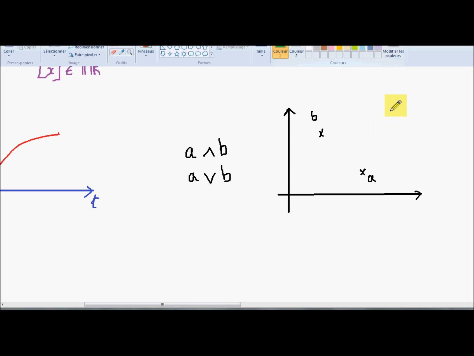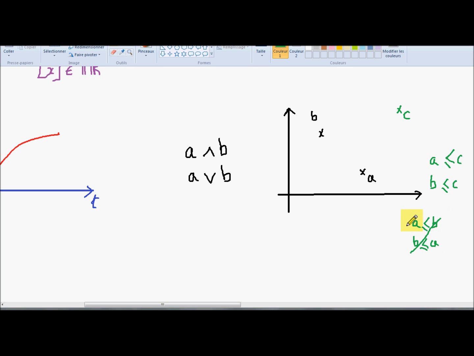If I take C here, C can be considered as greater than B because all components of C are larger than those of B. So I can say that C is larger than B. C is also larger than A. But we cannot compare with this order, for instance, B and A. So I can say that A is smaller than C. I can say that B is smaller than C also, but I cannot say that A is smaller than B or B is smaller than A. I cannot write this.